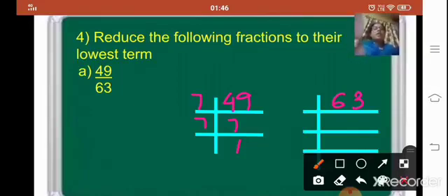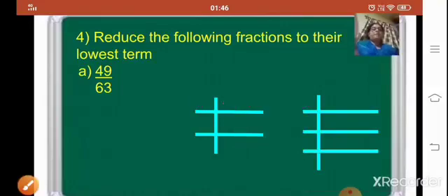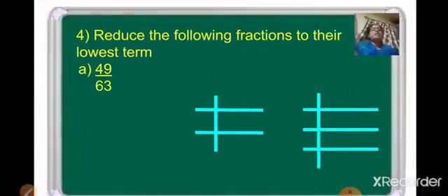For 63, 63 is divisible by 3, 3 2s are 6, 3 1s are 3, 3 7s are 21, 7 1s are 7. Okay, so the prime factors of 49 is 7 into 7 and prime factors of 63 is 3 into 3 into 7. Okay, I have written it here in the next slide.